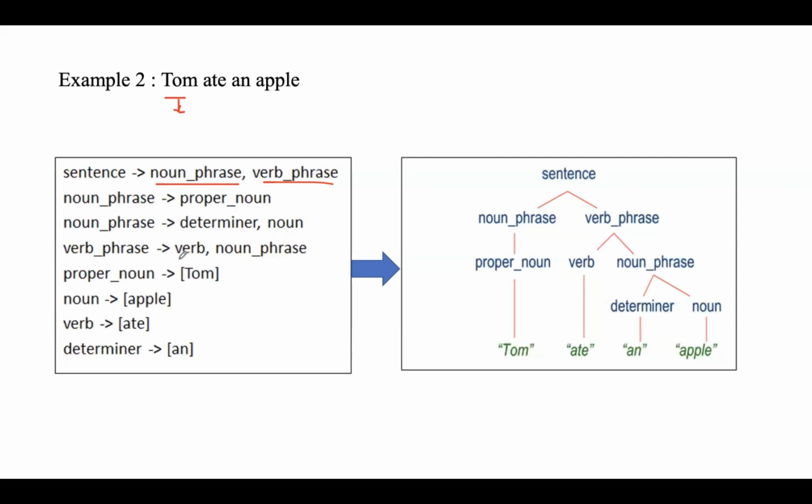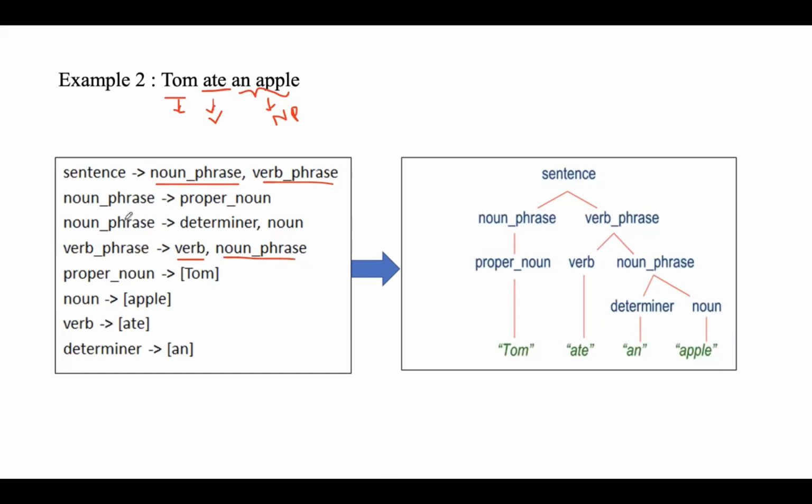And verb phrase, again, is verb followed by a combination. So first see, what is the verb in this sentence? Ate. So ate is followed by determiner plus noun, right? Which is nothing but noun phrase. So here we need to take verb phrase as verb followed by noun phrase.